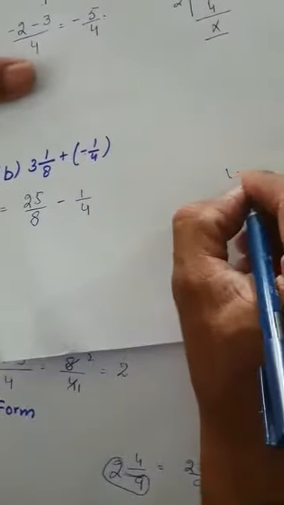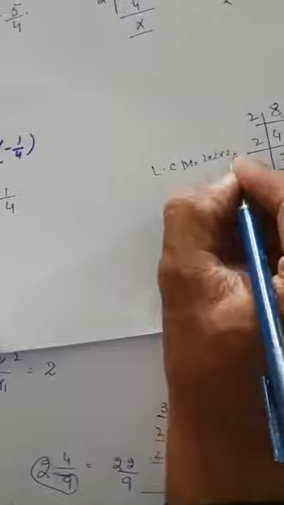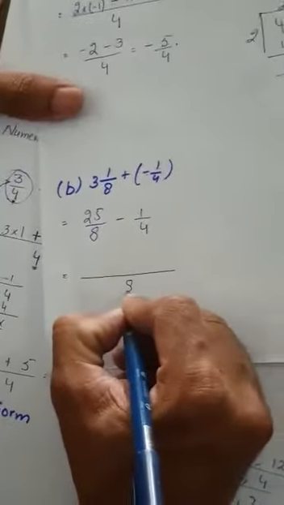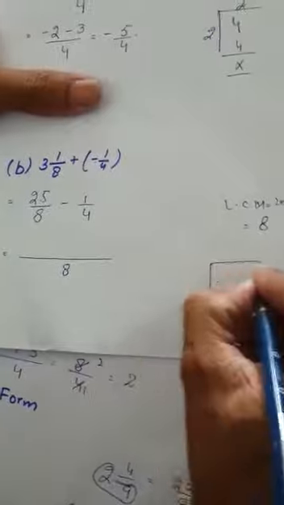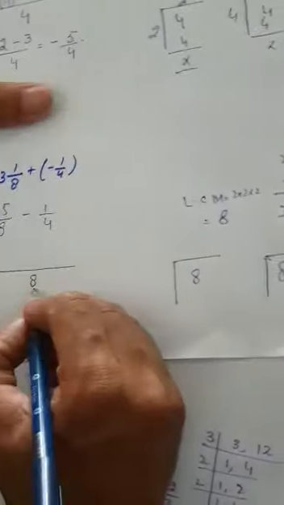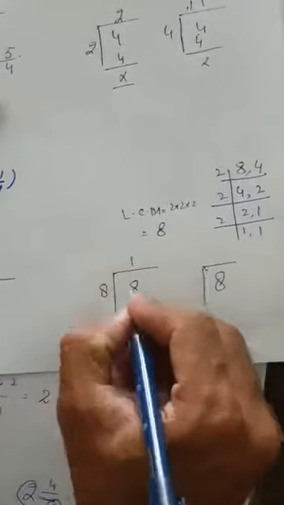That means our LCM is 2 multiplied by 2 multiplied by 2, which is equal to 8. Okay, so here I have written 8. After this we will place the two symbols of the division. Our dividend will be this LCM. Firstly we will divide it by this 8. 8 ones are 8.